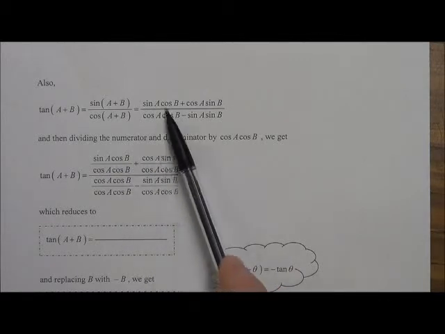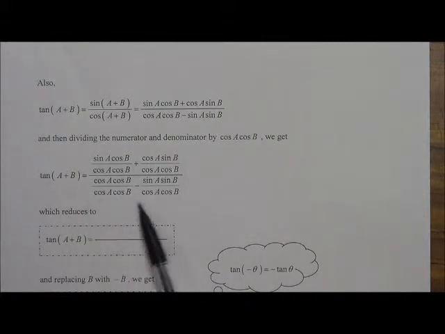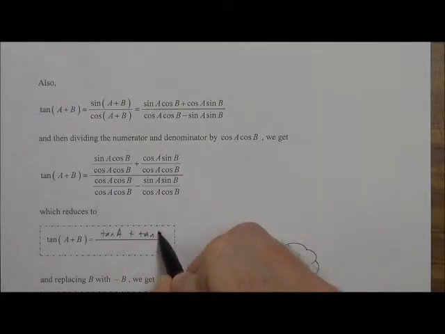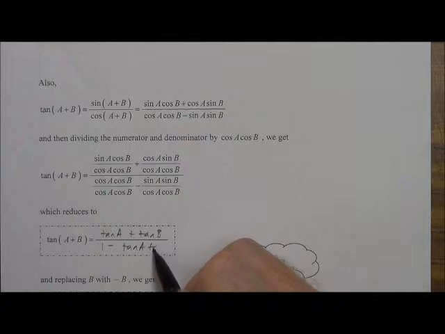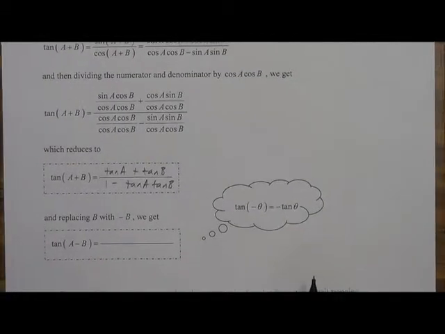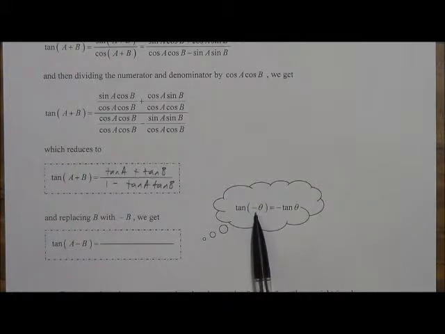Then we'll put cos A cos B underneath each of those terms, and we can do a little bit of simplification, and we end up getting tan A plus tan B over 1 minus tan A times tan B. And now if we replace the B with a negative B to get the subtraction formula, we know, of course, that with a negative angle, this angle would drop into the fourth quadrant where tan is negative, using the CAST rule.